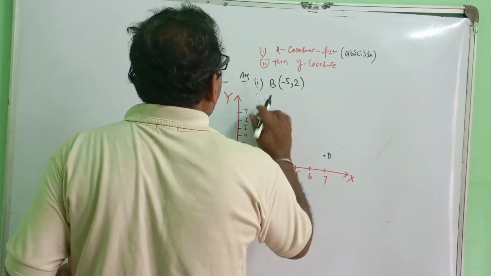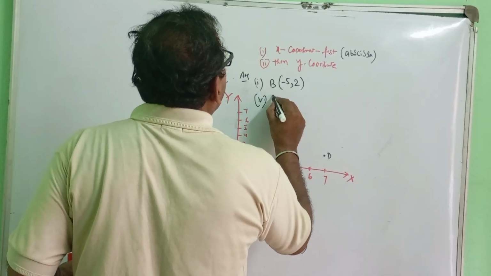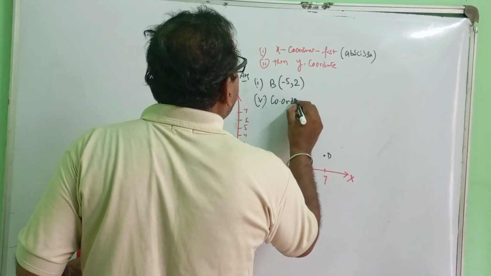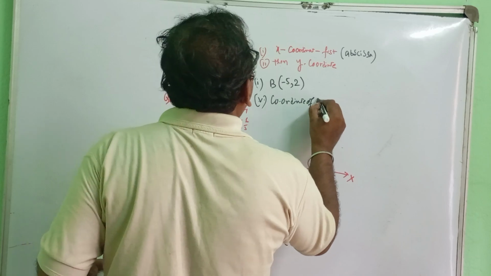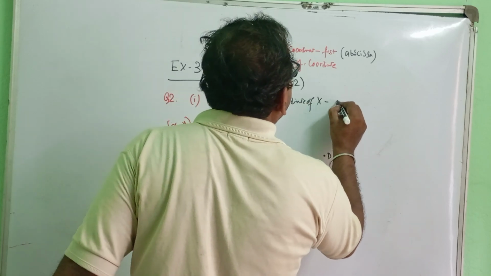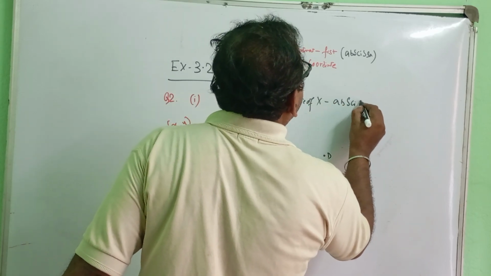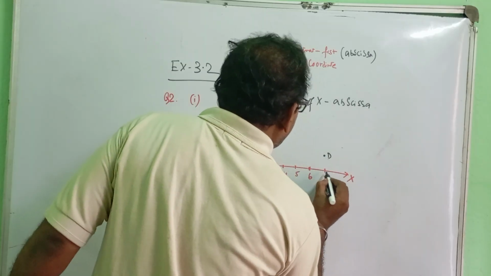Then question number 5 is the coordinate of x, the abscissa. That is the coordinate of x.